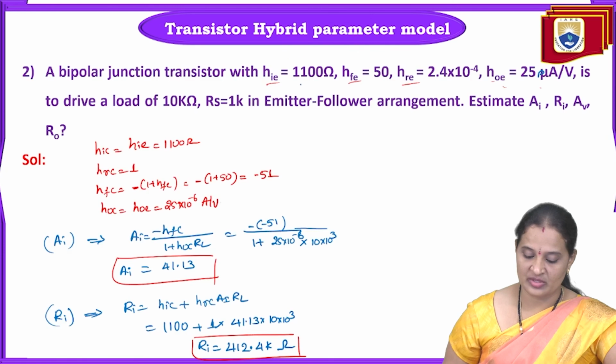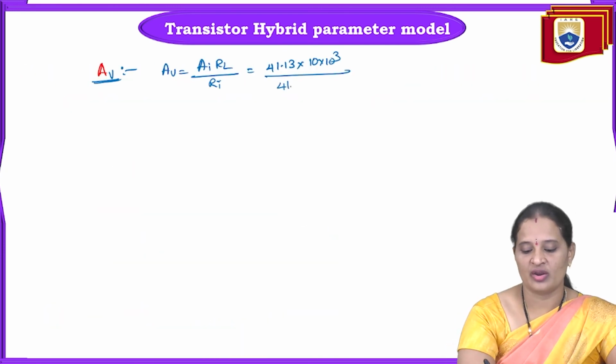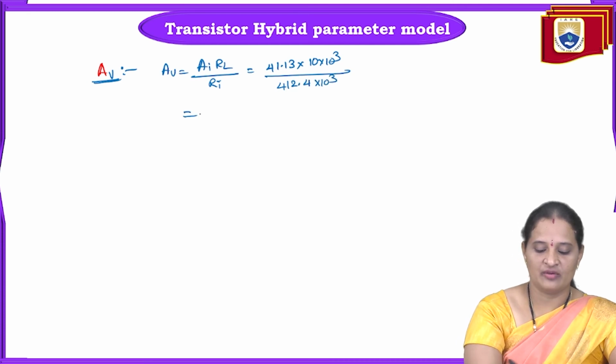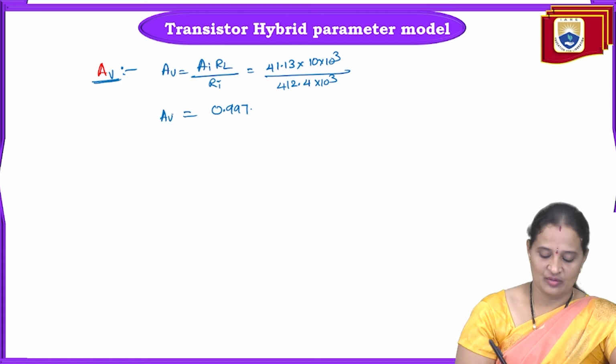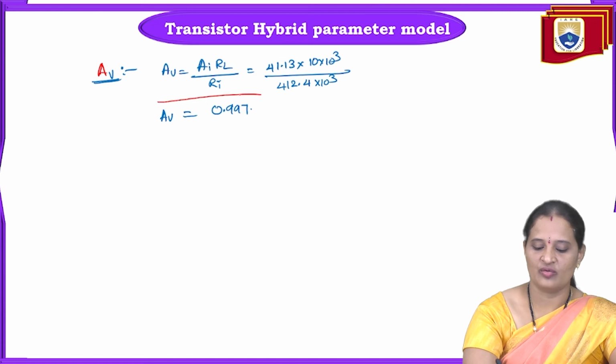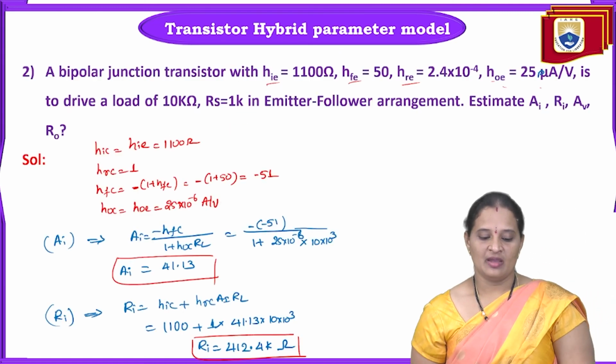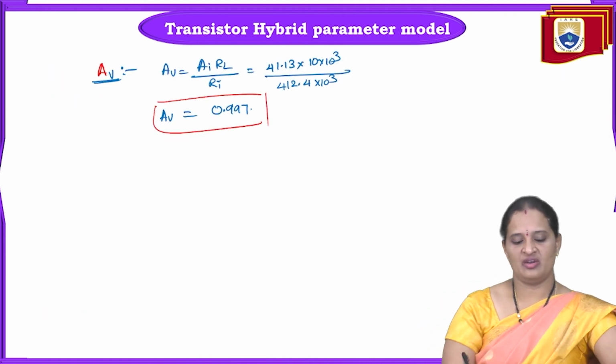How much value have we got? 412.4 into 10 to the power of 3. If you calculate this AV, you will get the value as 0.997. So this is the value of AV. Overall, voltage gain. Here you didn't ask to find overall voltage gain and overall current gain. So this is the value of overall voltage gain and overall current gain.